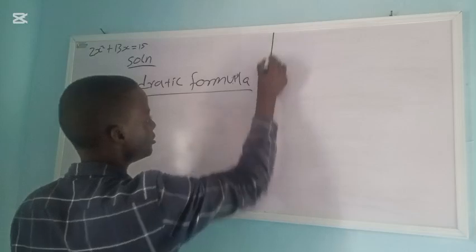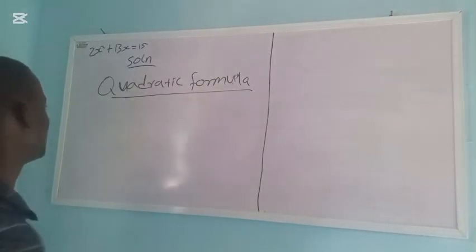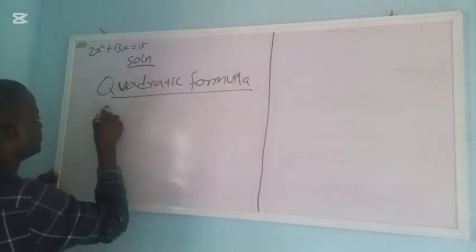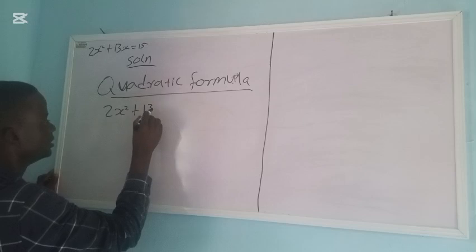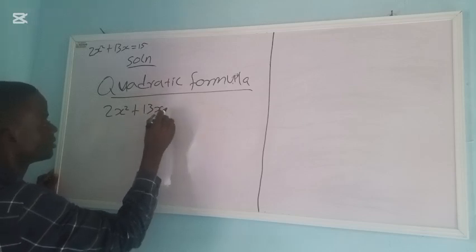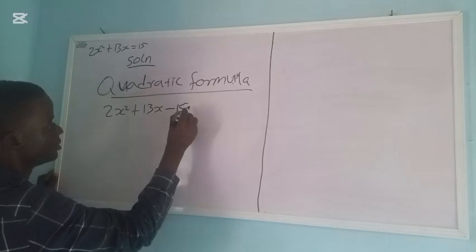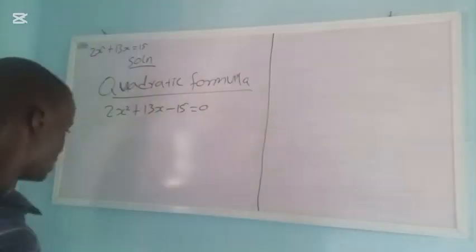formula. This one is just very simple. We just put the formula and put everything together. So you have 2x squared plus 13x. So let's just bring that 15, minus 15 is equals to 0. So now let's write the formula.